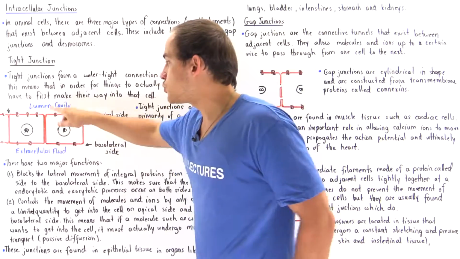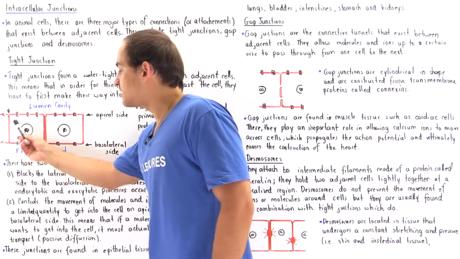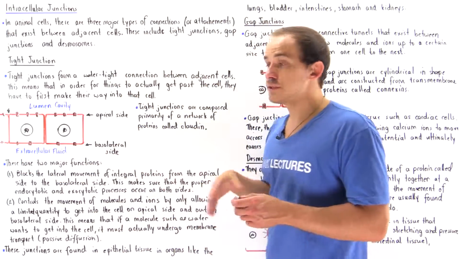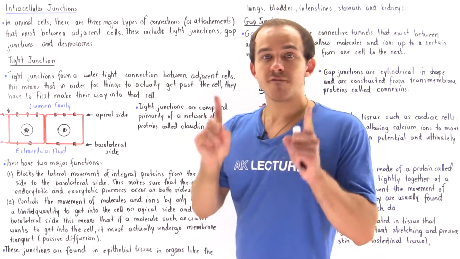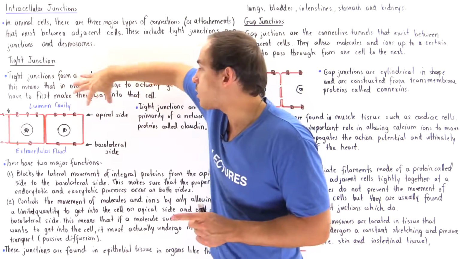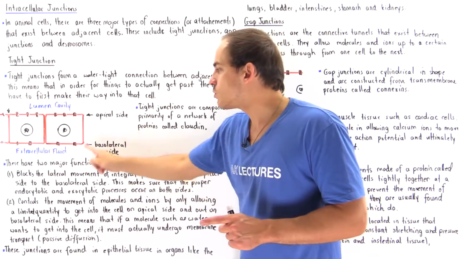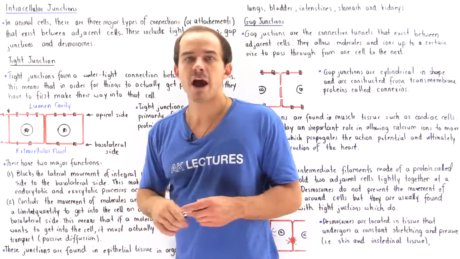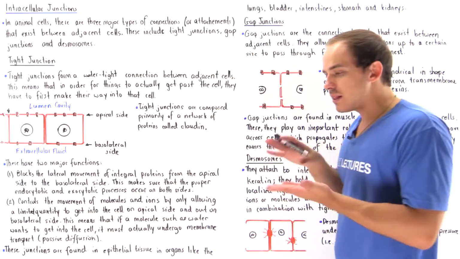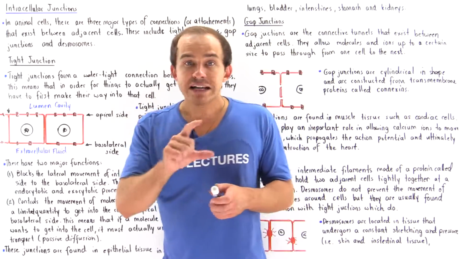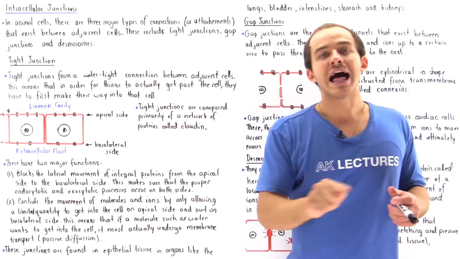And what the tight junctions do, so this is one tight junction, this is the second tight junction. What these tight junctions basically do is they do not allow the lateral movement of integral proteins from our apical side, the lumen side of the cell membrane, to the basolateral side, the extracellular side of our cell membrane. Remember, inside an individual cell, inside the cell membrane, the phospholipids as well as the proteins are in a constant state of lateral motion.